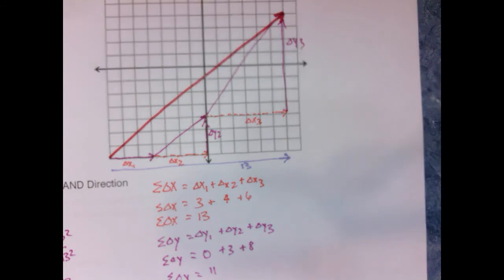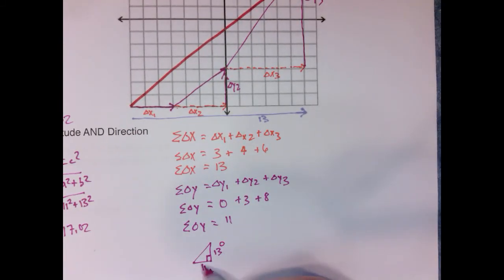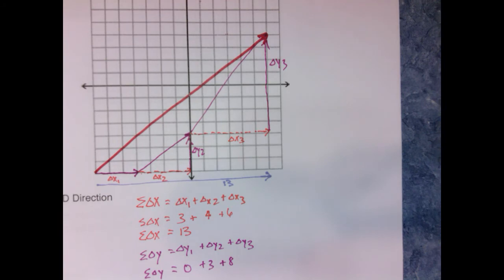So now our triangle, like so, has our opposite and adjacent side, and we want this angle theta. We'll use our tangent.